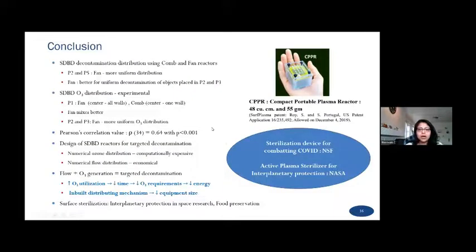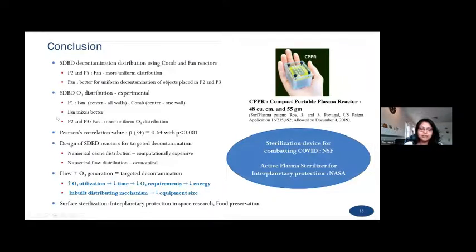To conclude, what we saw here is SDBD decontamination distribution using two reactors with very contrasting flows. For the fan, we saw a more uniform distribution in both the planes of the experimental chamber. Thus, it will uniformly decontaminate objects at a certain exposure time. Whereas for the comb, it would be biased and opposite.